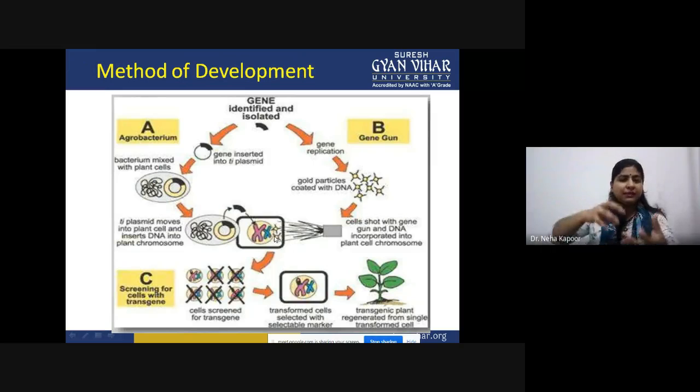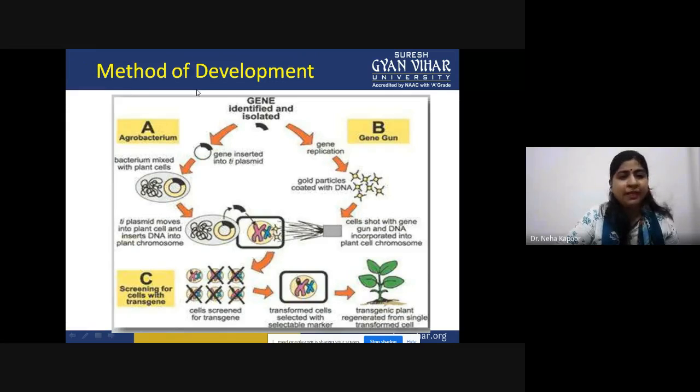Because that complete procedure is under very high pressure, these DNA coated with gold particles will enter inside the plant cell chromosome and it will get injected. So once it is injected, the transgenic crop would be formed. After that, these transformed cells are selected with the help of some selectable markers, and then the transgenic plant can be consumed. This is the one way, that is gene gun.